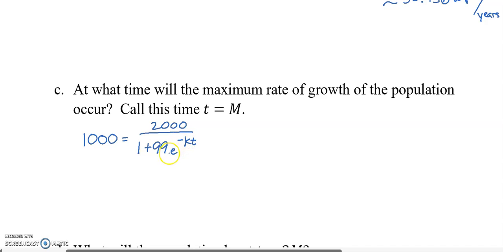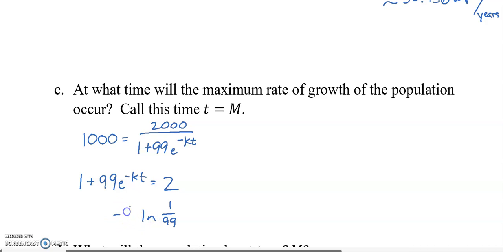Remember that k is a big messy value that we know, so I'll just call it k for convenience. Again, 2,000 divided by 1,000. For these problems, we're always going to get a 2 here. Subtract the 2 from both sides. Subtract the 1 from both sides to get 1. Divide both sides by 99. Get rid of the e by natural logging.